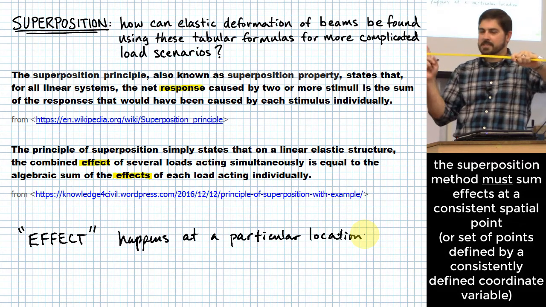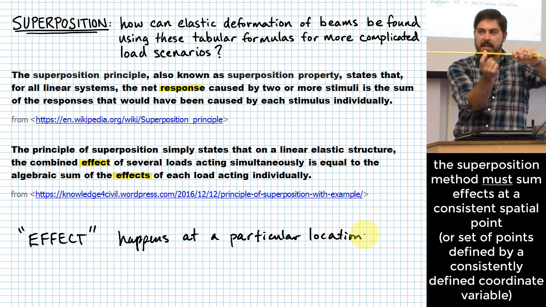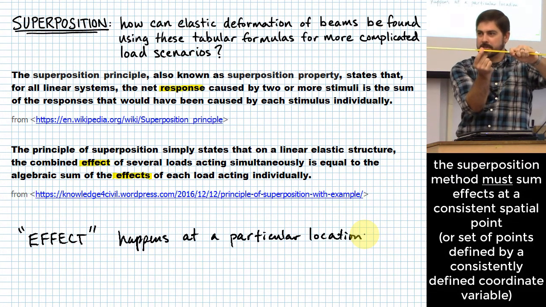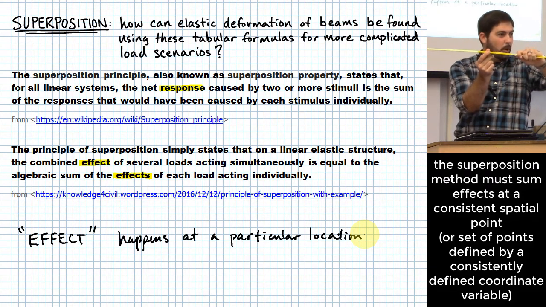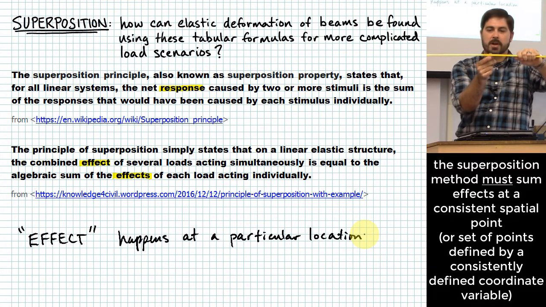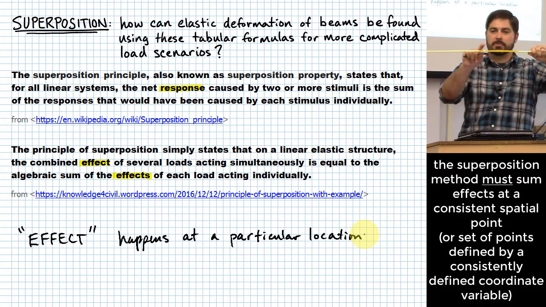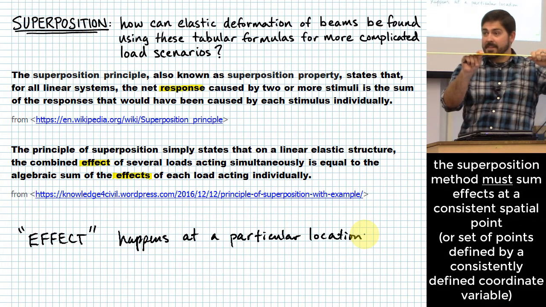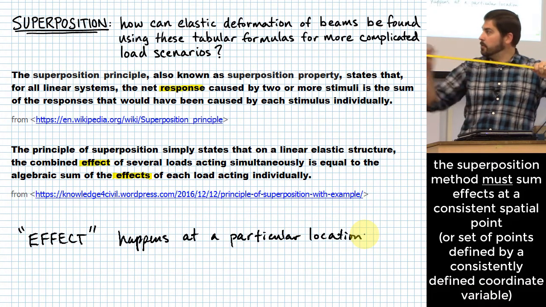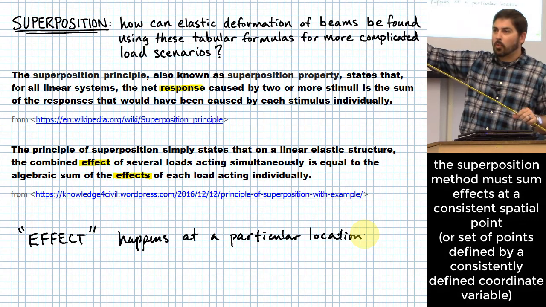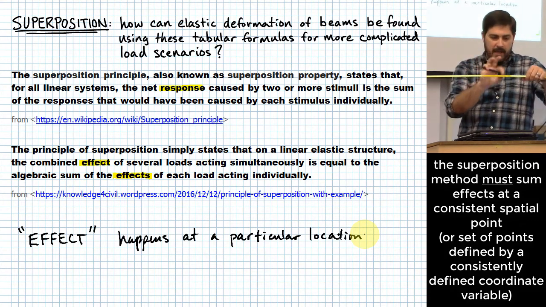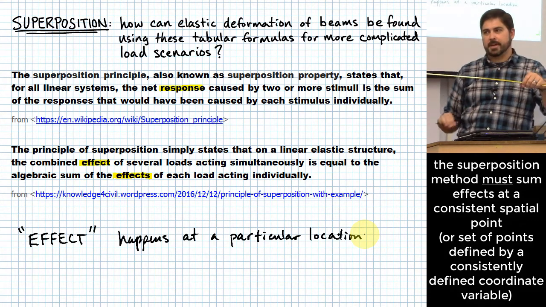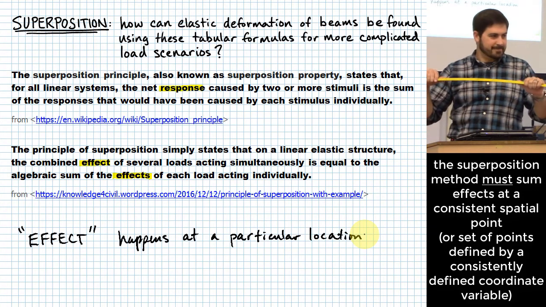If I'm going to add these things together, it has to be at a particular spatial location, right? And that is the only way to do it, because if I'm trying to add a deflection here to a deflection here, right, then that is not the same effect. And so these definitions up here don't work for that. It has to be a deflection at a particular location. Okay?